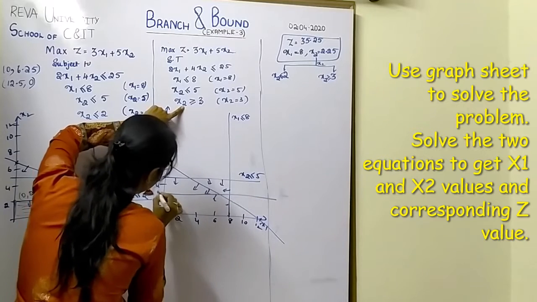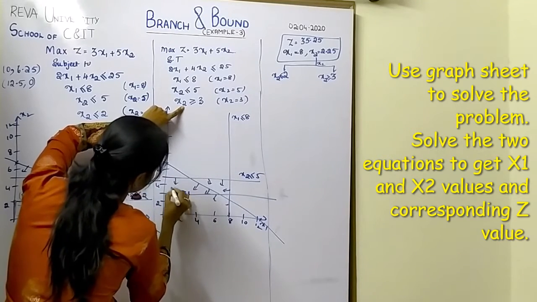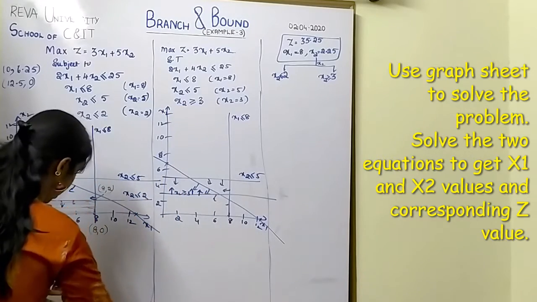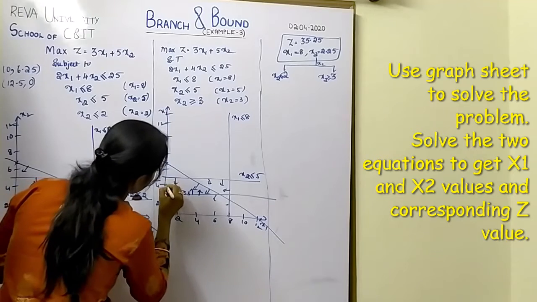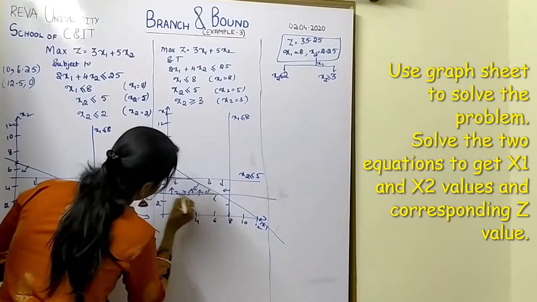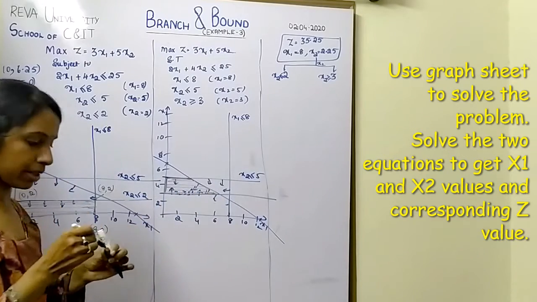So x2 should be greater than or equal to 3. So again the symbol will be like this. What is the feasible region now? Feasible region is only here. These are our feasible region.